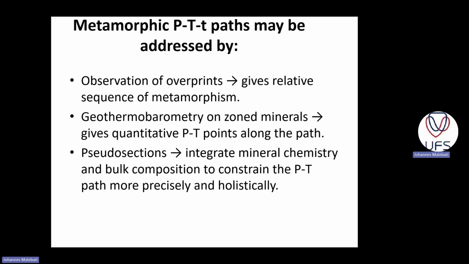Another thing that we must understand is that the metamorphic P-T-t path may be addressed by three things. First, observation of overprints, which would give the relative sequence of metamorphism. Second, geothermobarometry of zoned minerals, which will give the quantitative pressure temperature points along the path.